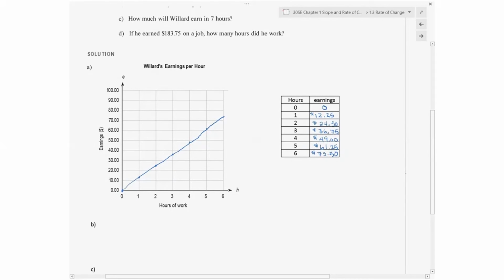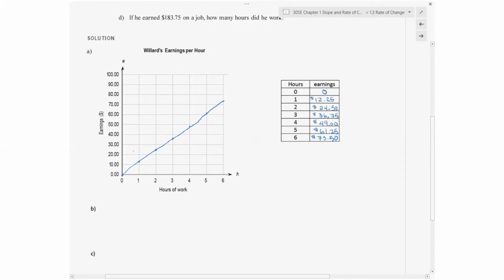Okay, so what is the slope of the graph? Well, we can say m is equal to y2 minus y1 over x2 minus x1. We can pick those points from the graph. We have them here, so let's just pick some.